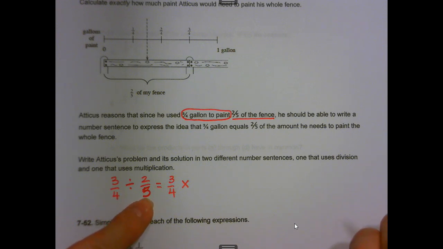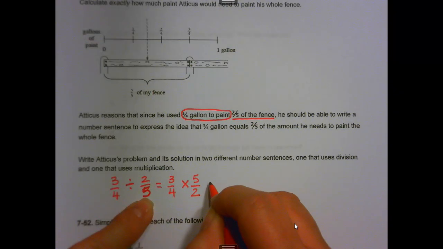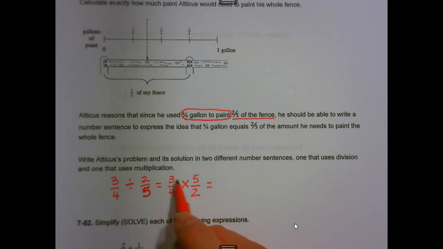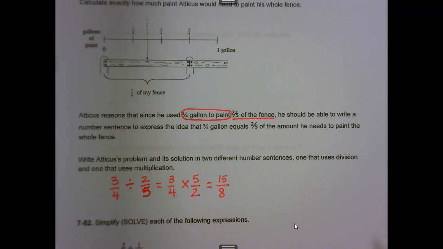And then I flip the second fraction to make it its reciprocal. When I do the math here, 3 times 5 is 15. 4 times 2 is 8. That would be one way to go about solving this problem.